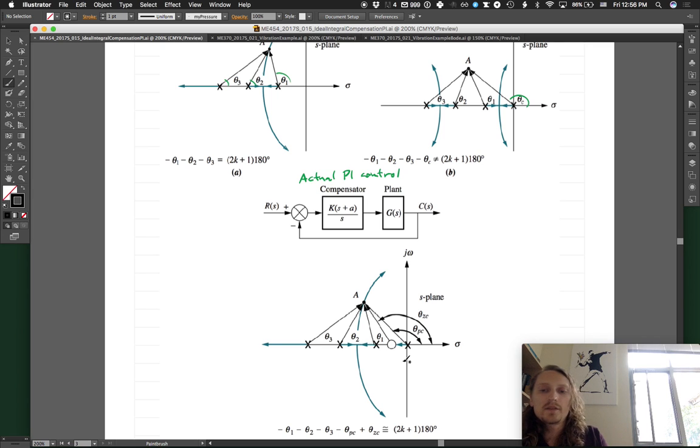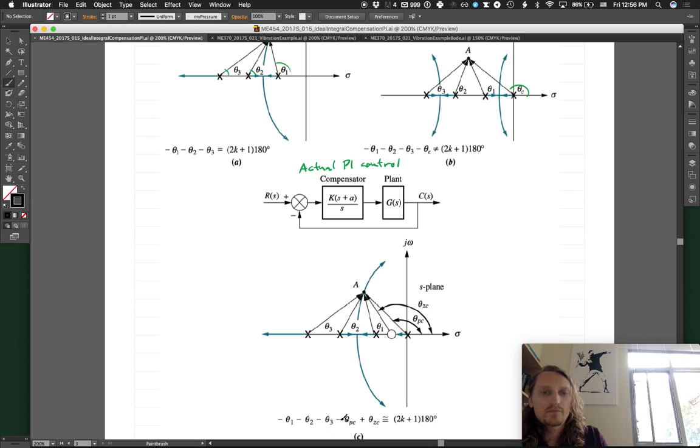Add one, subtract the other. So if you have the opposite sign between a pole and a 0, as is shown right here, this angle criterion, if you make the angle approximately the same between the pole and the 0, then it has very little effect on where that root locus is.